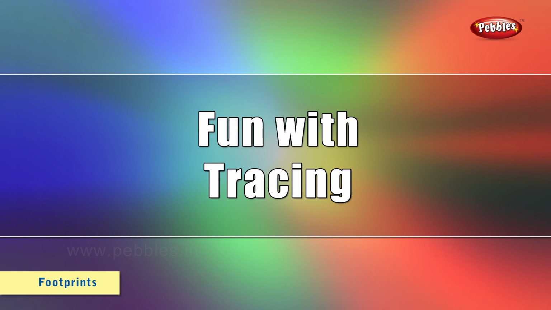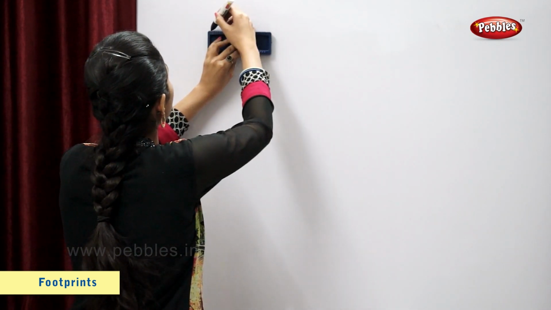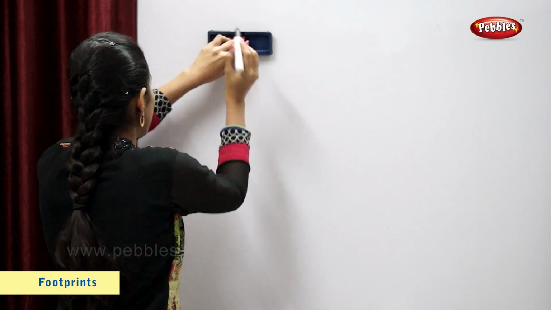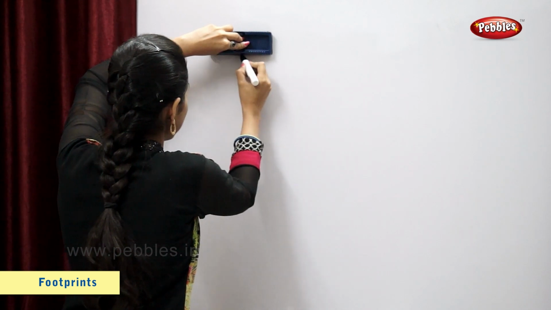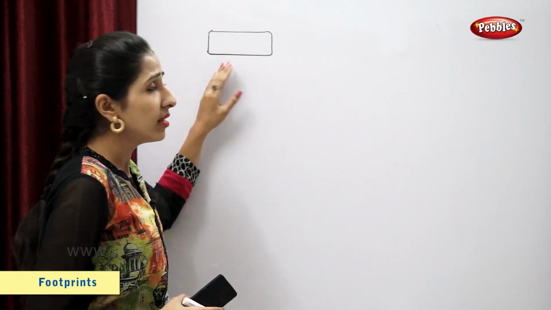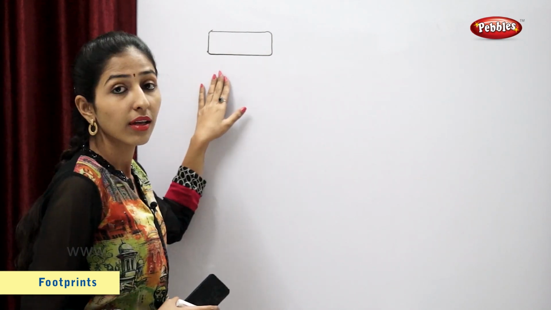Fun with tracing. Students, let's trace a few objects. Duster. Students, can you relate this to any shape? This looks like a rectangle.